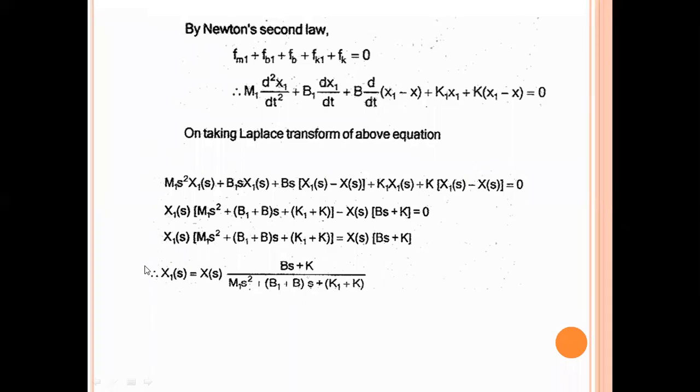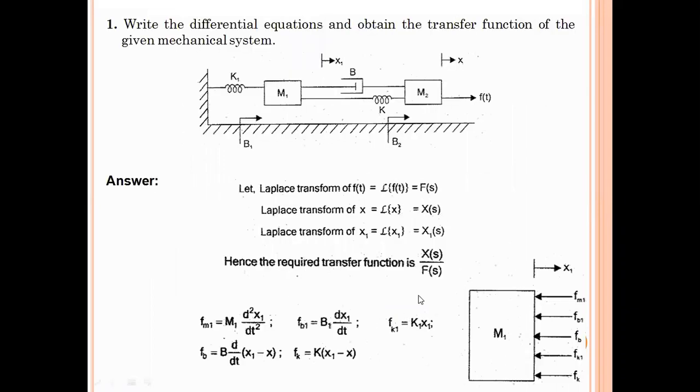After simplifying this, we get x1 is equal to this one. Name this as equation number 2. This is our equation number 2, right? So we have done it for mass m1.